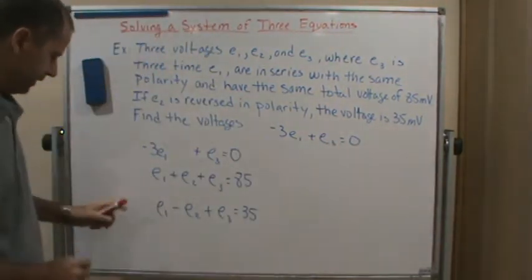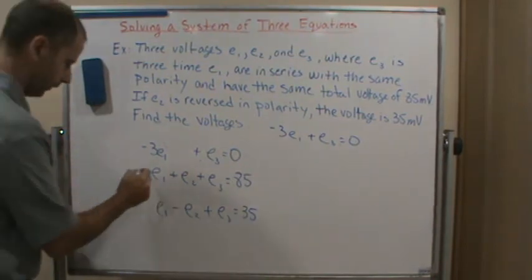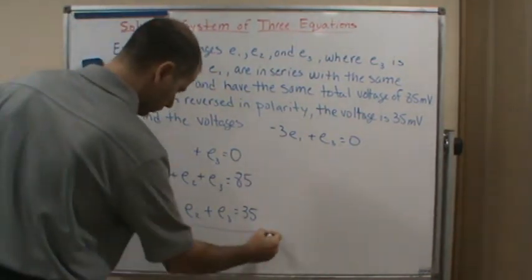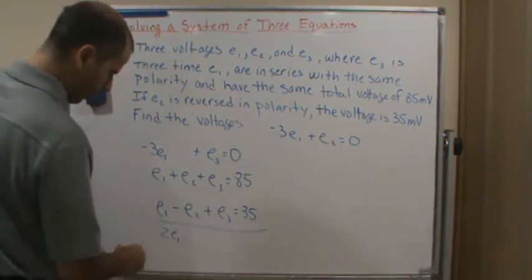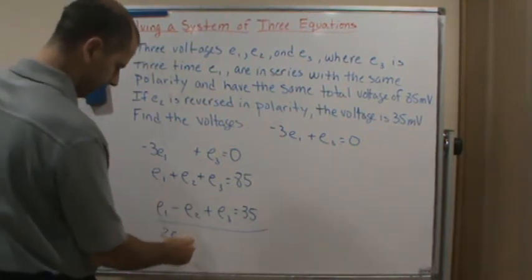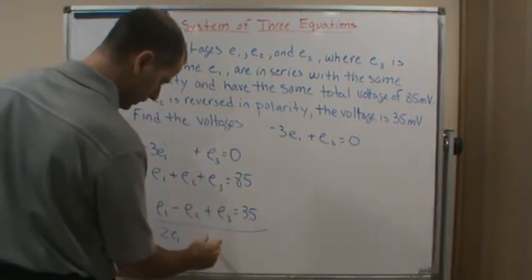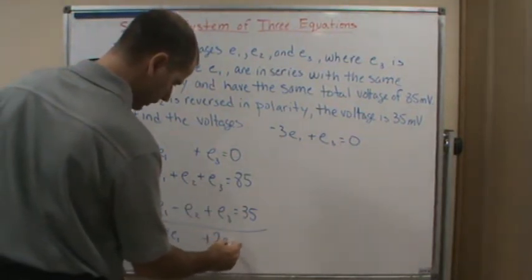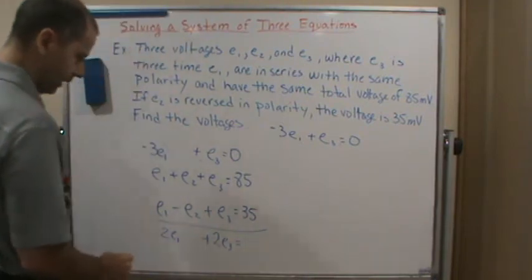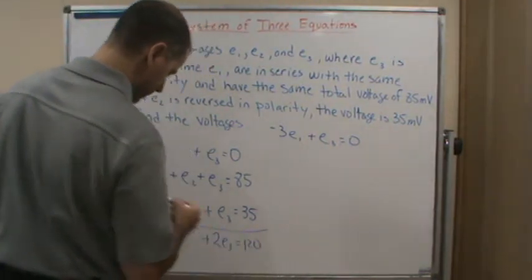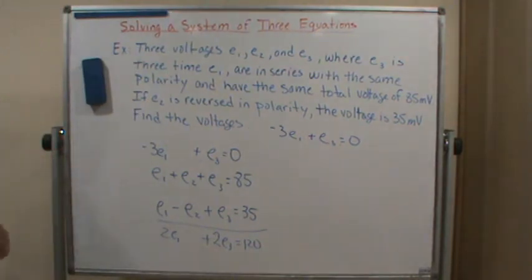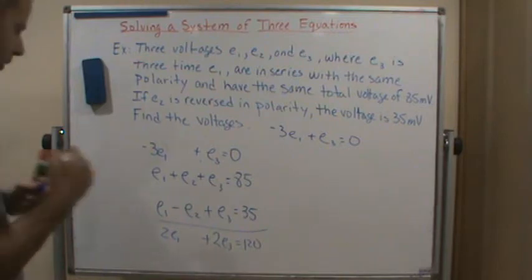And then if we add these two, what do we get? We get 2E1, and the E2 terms go away, plus 2E3 equals what? 120. And so now let's put this over here.